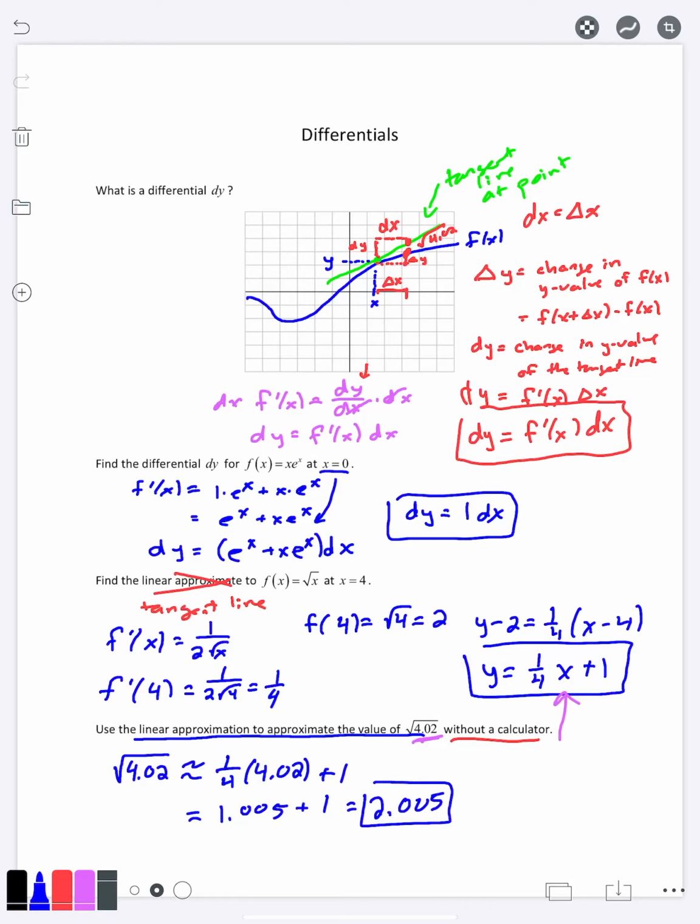And if you put it in your calculator, just to compare and see how accurate we were, the square root of 4.02 is 2.0049936766. So you can see it's definitely off, but it's off by a very, very small amount.